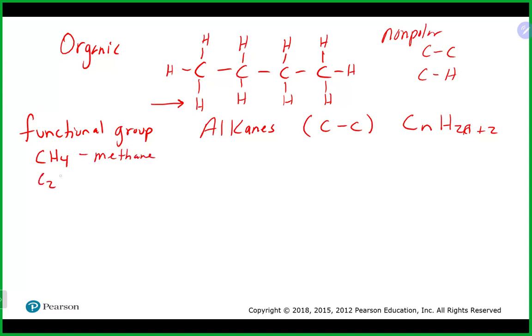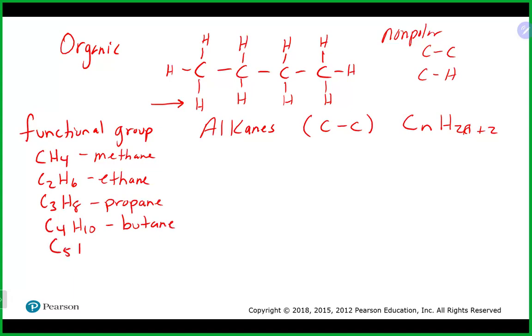If you have 2 carbons, you will have 6 hydrogens, and that is ethane. 3 carbons, that is 8 hydrogens, that is propane. 4 carbons, 10 hydrogens, that is butane. 5 carbons, 12 hydrogens, that is pentane.